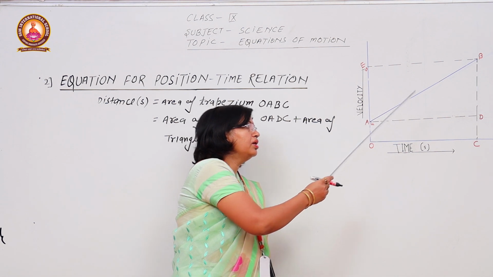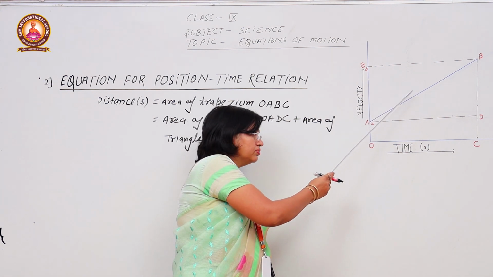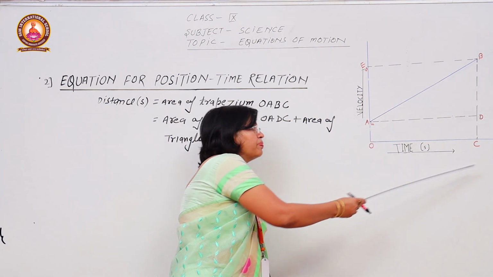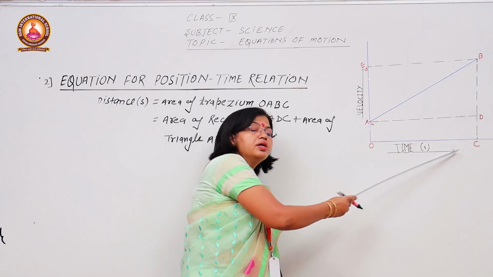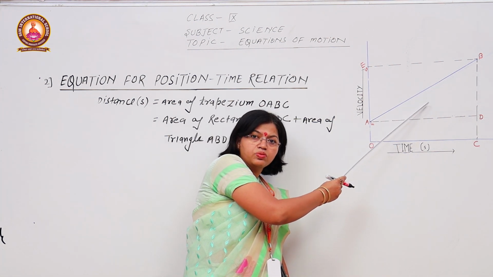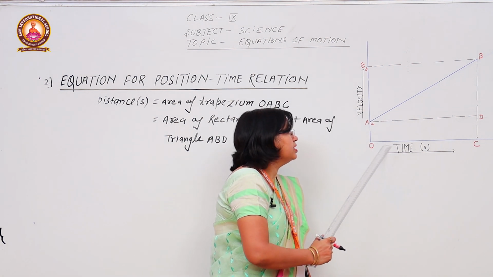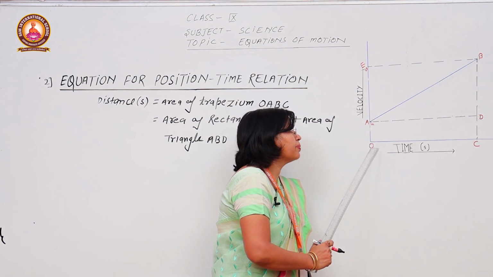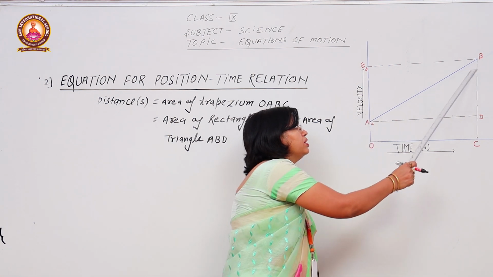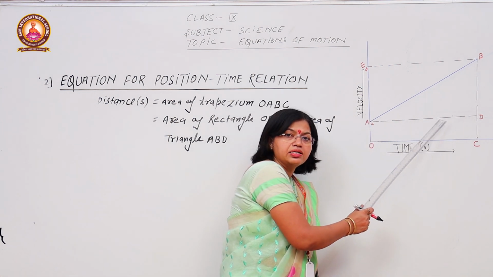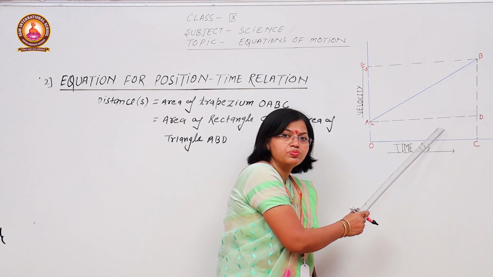Here the area enclosed within this trapezium OABC is the distance traveled by the object. This area is the distance covered by the object.